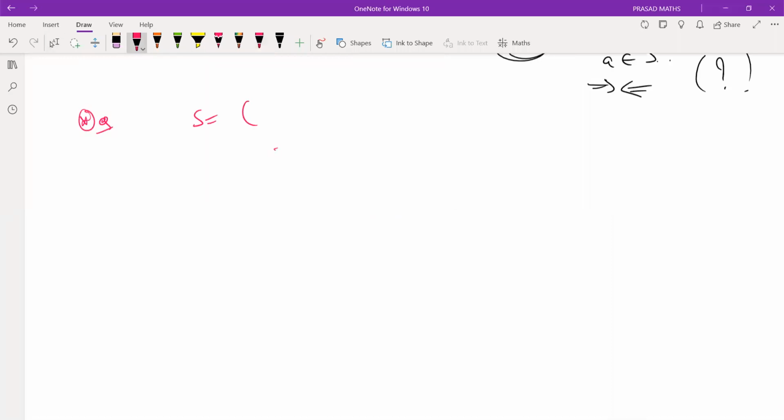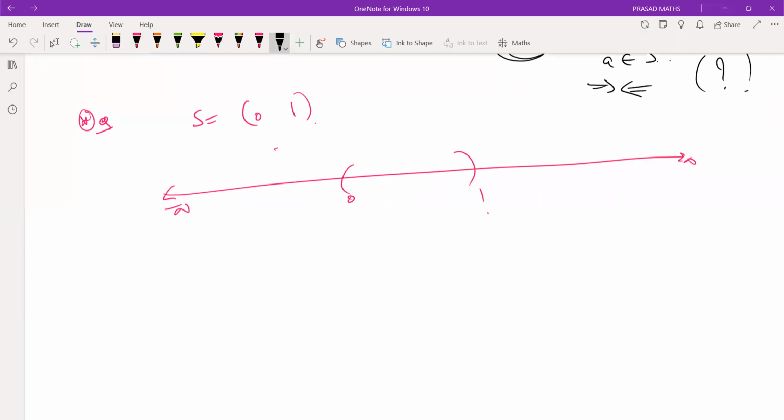Suppose you take the open interval (0, 1). Suppose you take a point A which is less than 0. Is the set a neighborhood of A? The answer is no, because you cannot give me any neighborhood that is inside the set S. A is less than 0, A is to the left of 0. How can A be inside the set?